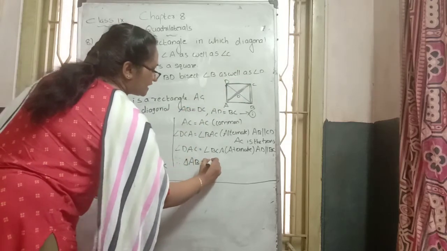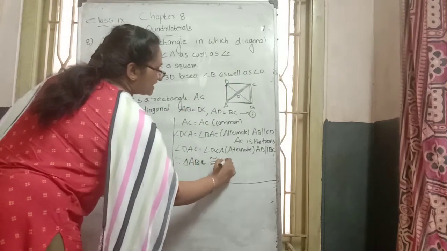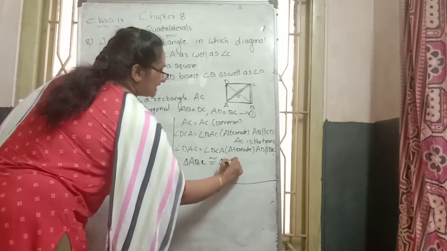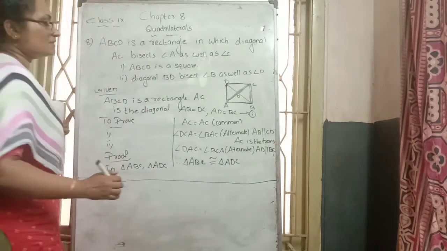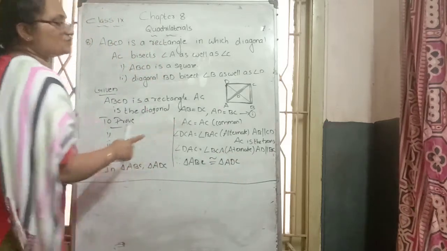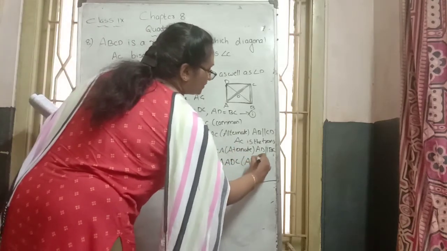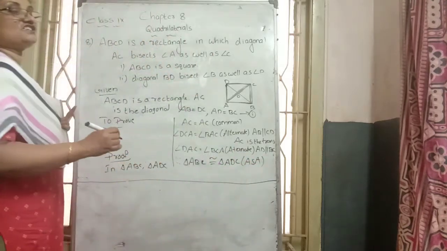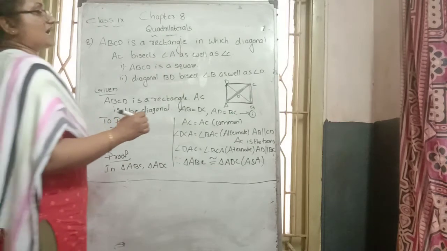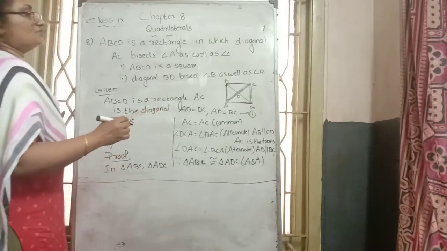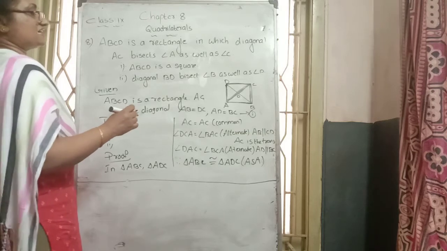Therefore, triangle ABC is congruent to triangle ADC by the ASA property, two angles and one side. By CPCT, which sides are equal?